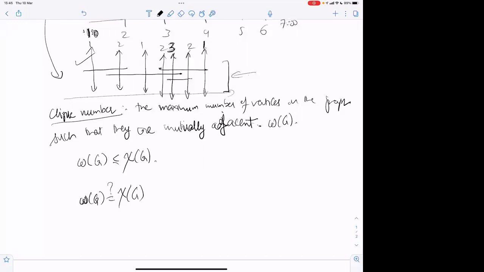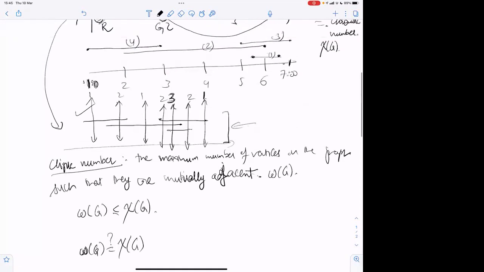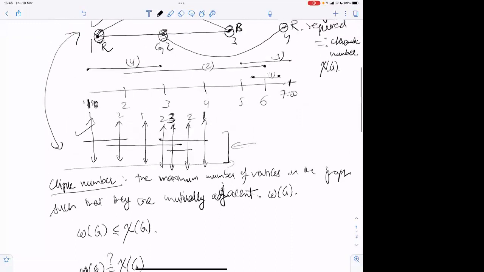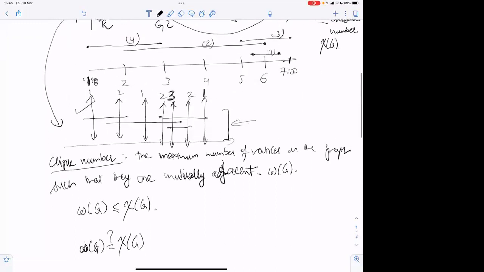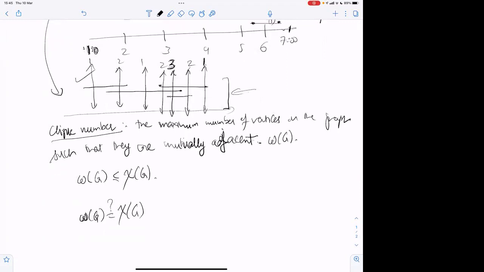Sir, could you explain the above inequality? Yes, sir. The omega G. The above inequality. This one. Yes, sir. So if you have a clique, what is a clique? A set of vertices so that all the vertices in it are mutually adjacent. Correct? So this is the maximum number of vertices.